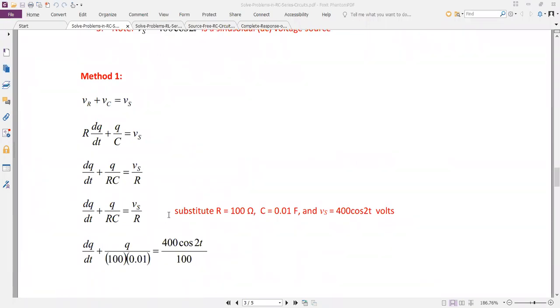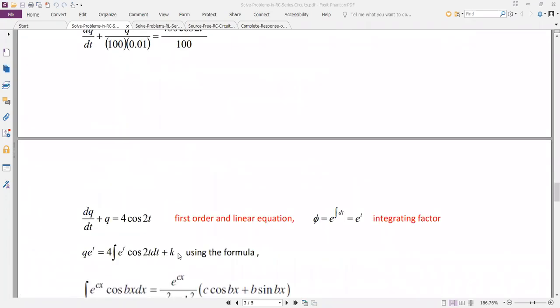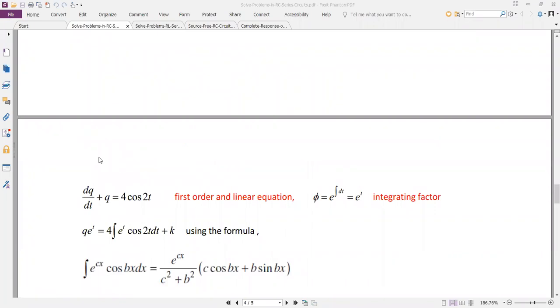And if you substitute the R and the C for the denominator here, and the same thing with this one, you will have this equation, which is, of course, linear. And if it's linear, you need to find the integrating factor, and it's e raised to t.